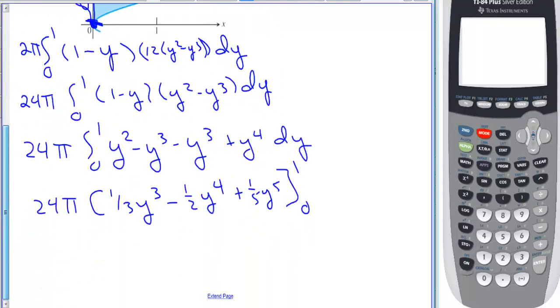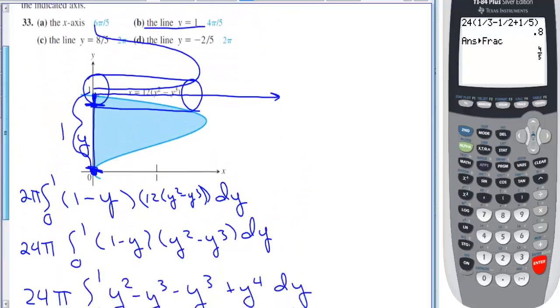I need 4 pi over 5. 24 times 1/3 minus 1/2 plus 1/5. Four pi over 5. Is that what I needed? Yep, that's what I needed.